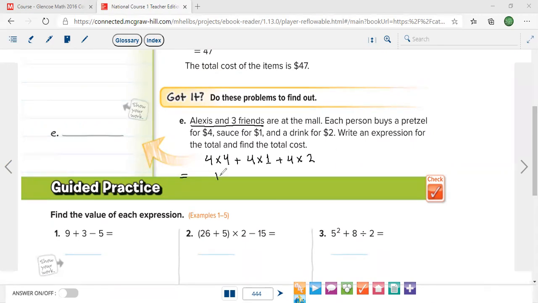So 4 by 4 is 16, plus 4 by 1 is 4, plus 4 by 2 is 8. And you can say this is $28.